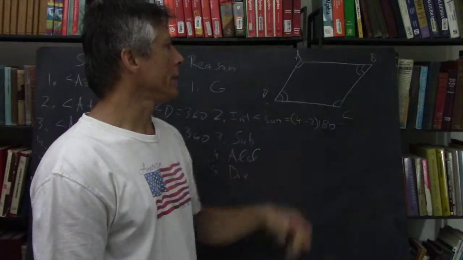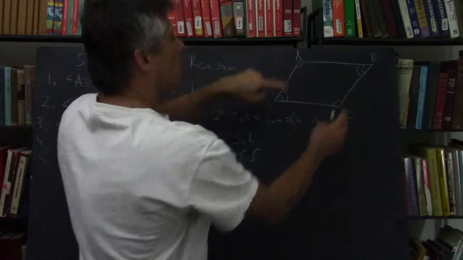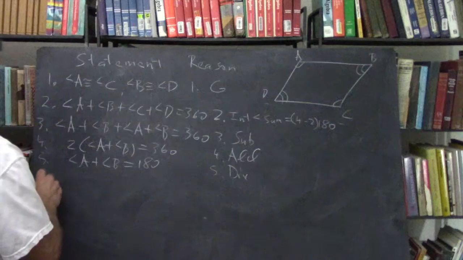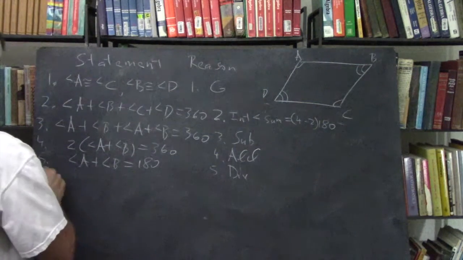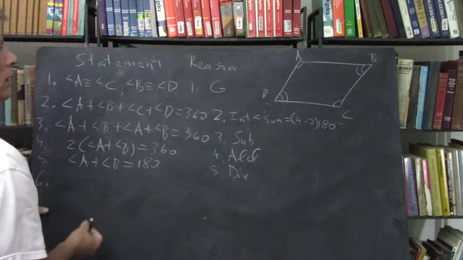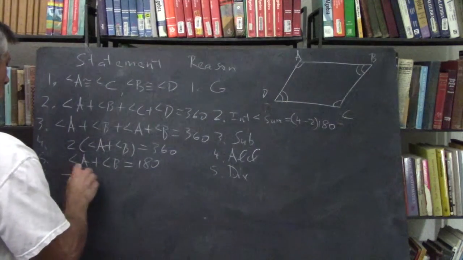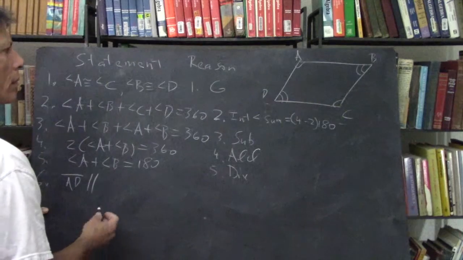When same side interior are supplementary, the lines are parallel. Okay, so we know that AD is parallel to BC.